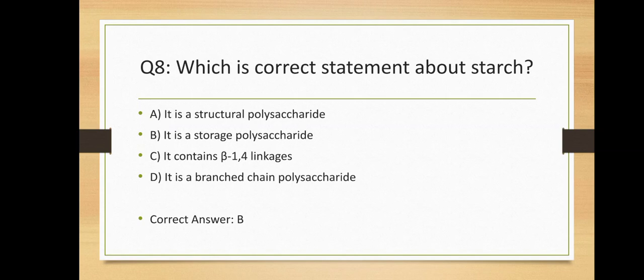Means there is a small branching present. It is the water insoluble component of starch. So option D is also not correct for starch. The correct answer for this question is option B, storage polysaccharide.